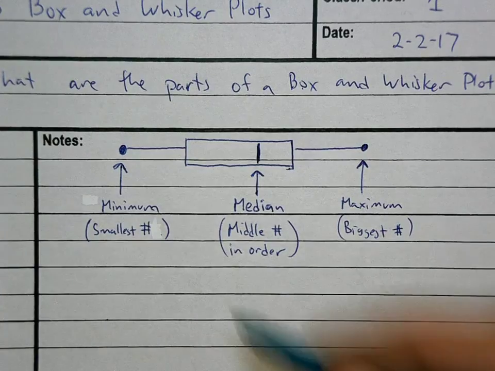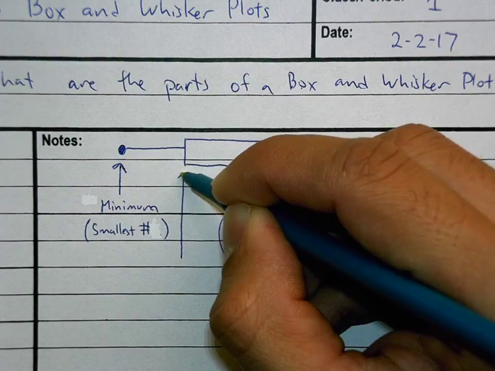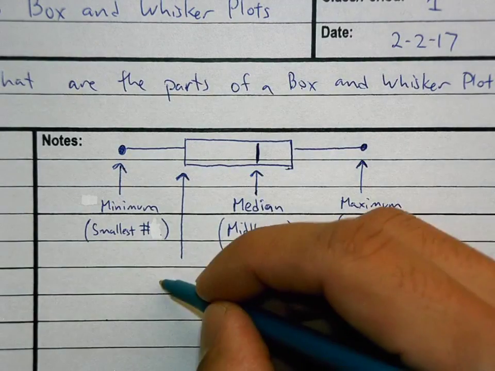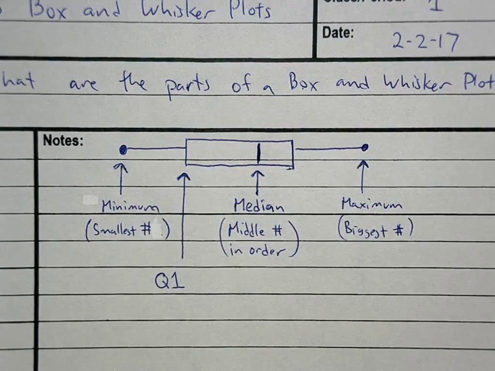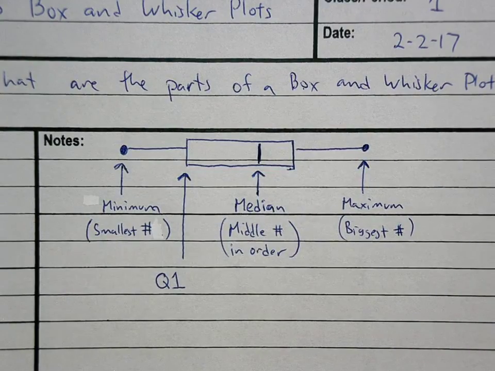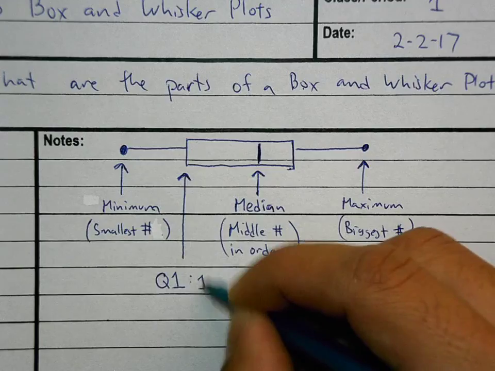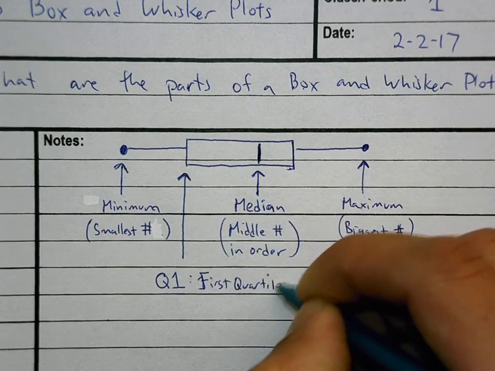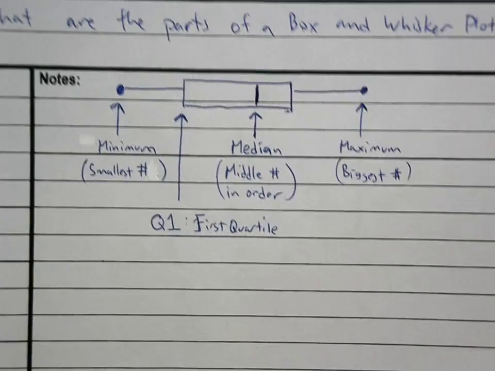It lets us know this value right here. I'm going to draw an arrow kind of big to the beginning of the box, and that's going to be called Q1 for short. That's our abbreviation. What's the first quartile? I'm going to write down that this is the first quartile, Q1.